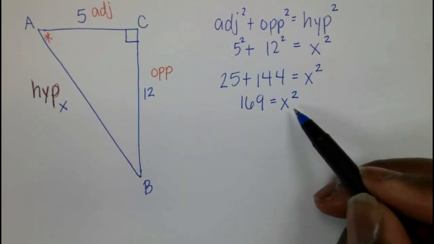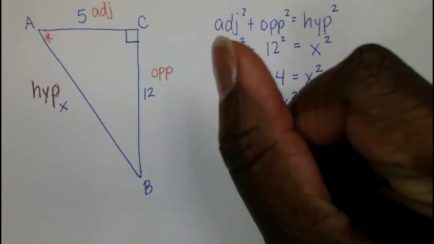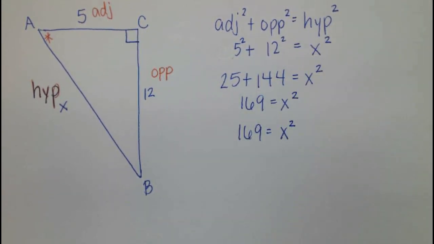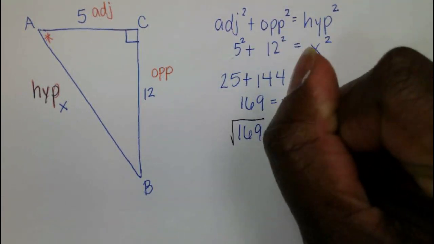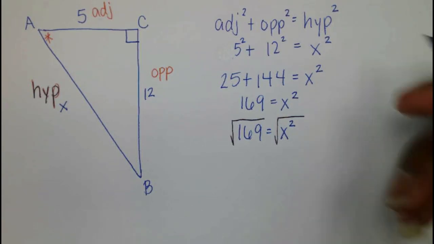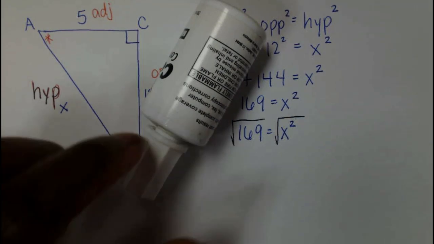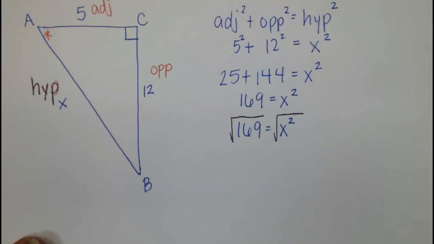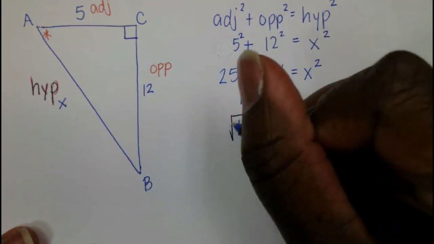To get rid of a square, I square root both sides. If you don't know how to do this, make sure you go back to your notes on how to solve equations. Okay, so I'm going to mark this 2 and that square root.